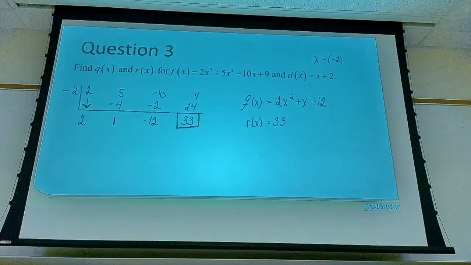Since your divisor is linear, your remainder has to be a constant. Has to be degree 0. And that's synthetic.